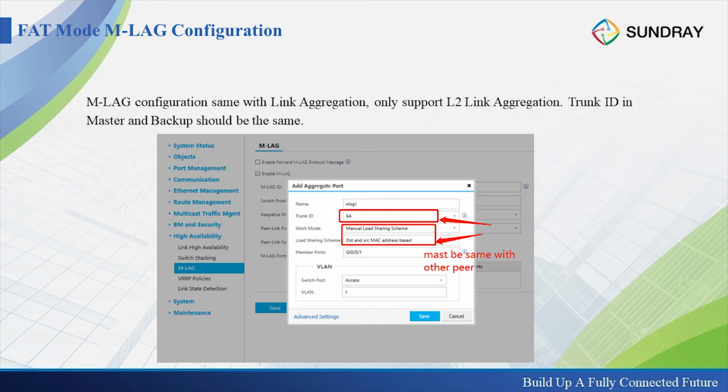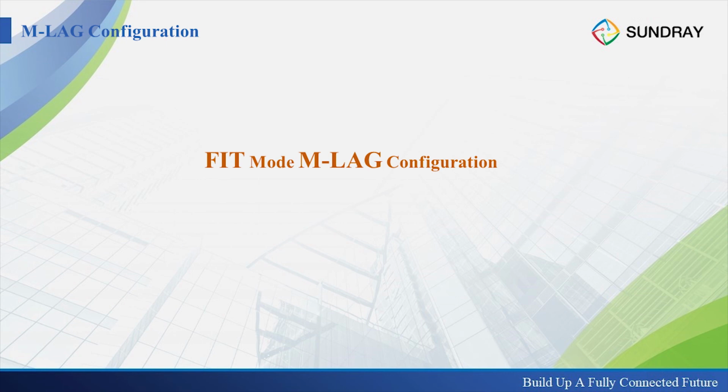For MLAG configuration, it's the same as link aggregation; it only supports layer 2 link aggregation. The trunk ID on the master and the backup should be the same. For the FAT mode, we go to the switch management center, switch management.